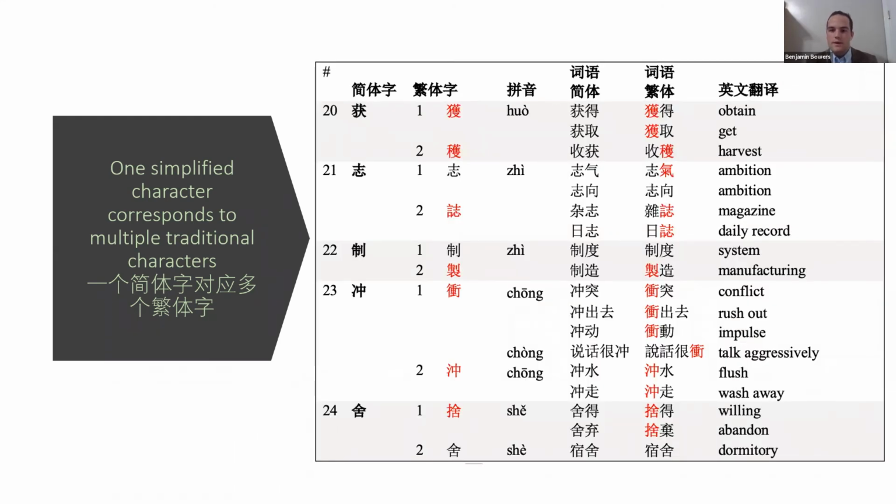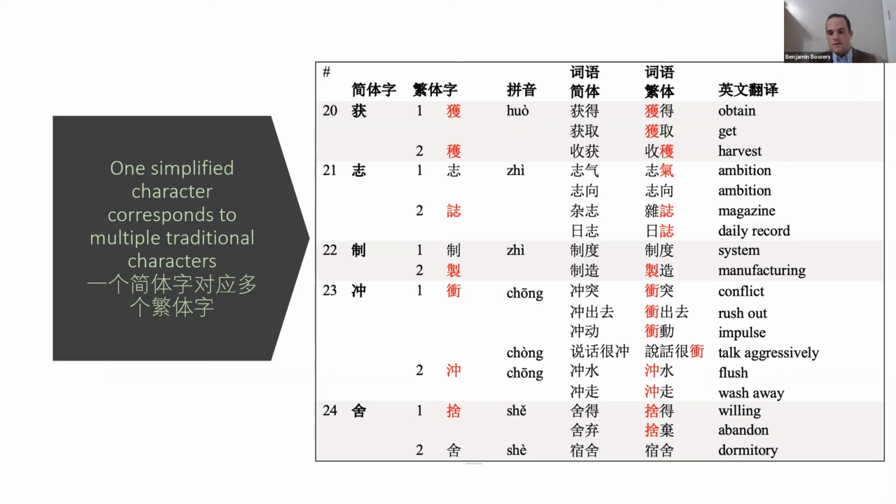We have 获得,获取,受,获, 志,志气,志祥,杂志,日志. Then we have 制度,制造. Next we have 冲突,冲出去,冲动.